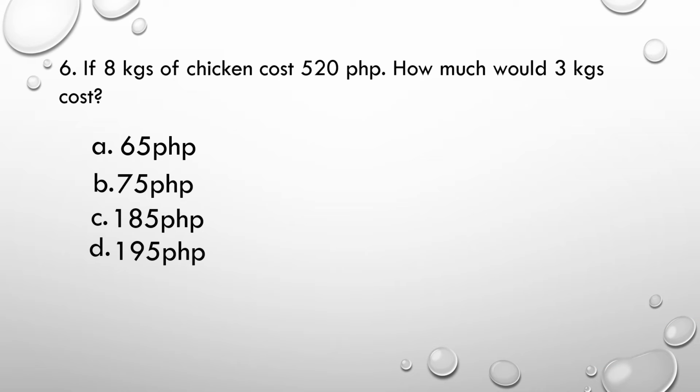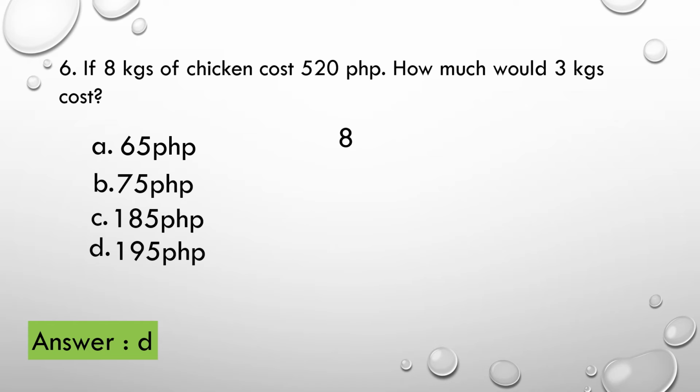Now, if 8 kilograms of chicken cost 520 pesos, how much would 3 kilograms cost? Now, this is an example of ratio and proportion. So how are you going to answer this one? Letter D is the answer here, 195 pesos for 3 kilograms.